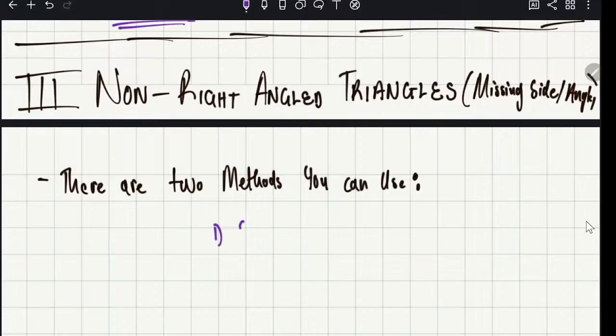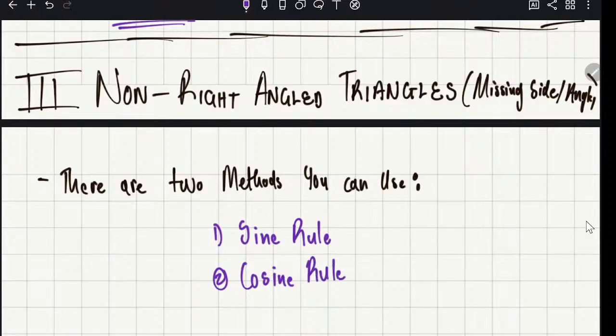One, sine rule. Then two, cosine rule. Nothing else. These are the only two methods you can use: the sine rule or the cosine rule.